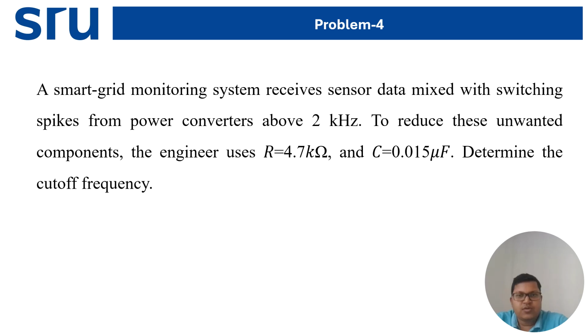To reduce these unwanted components, the engineer uses R equal to 4.7 kilo ohm and C equal to 0.015 microfarad. Determine the cutoff frequency.